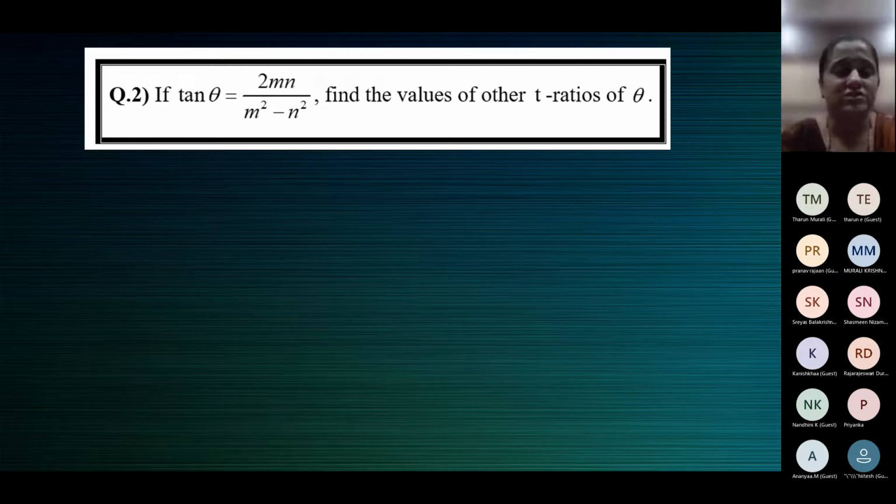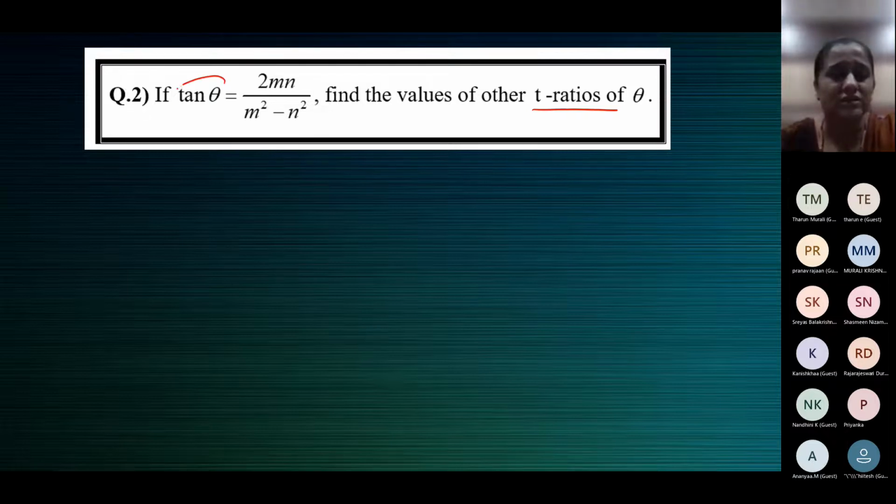If tan theta is equal to 2mn by m square minus n square, find the values of other T ratios of theta. T ratios meaning trigonometric ratios. What are the other T ratios?